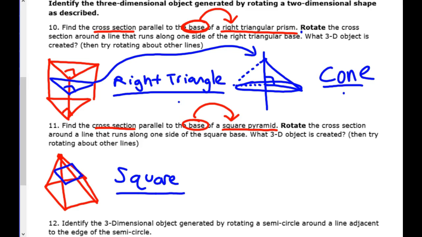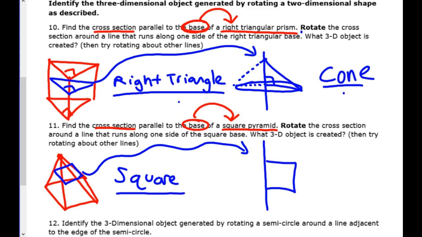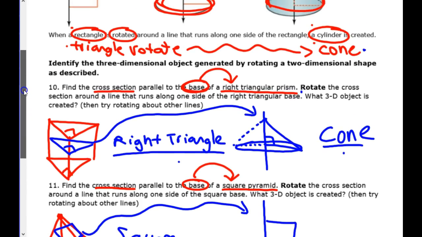So remember, first step, what's the cross section? And then I'm going to take that cross section, I'm going to put it on a stick. And you remember from my little flag looking thing, when I take a square and I rotate it super fast, make circles on top and bottom, what's that called? A cylinder. We also don't forget what we just circled up here.